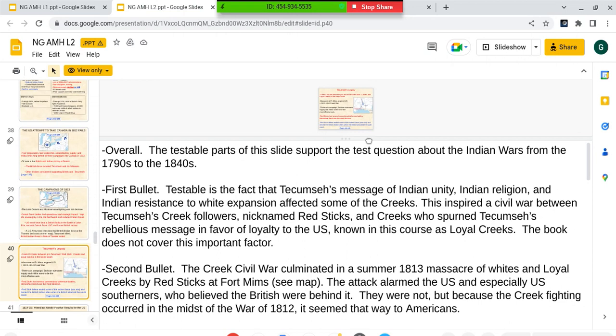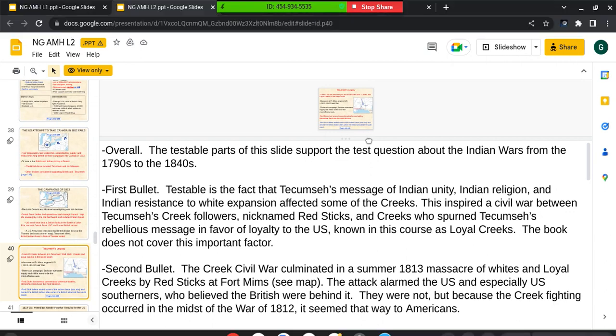What's testable here that's not covered in the book is that the Red Sticks are the bad Indians who are loyal to Tecumseh, and then there are the Loyal Creeks, the Indians who are loyal to the United States, and there was a civil war between them, fighting against each other. The second bullet: the Creek Civil War culminated in a summer massacre of whites and Loyal Creeks by Red Sticks at Fort Mims.